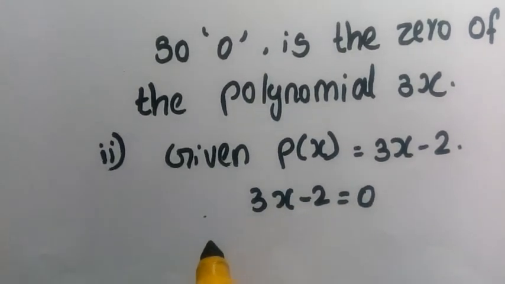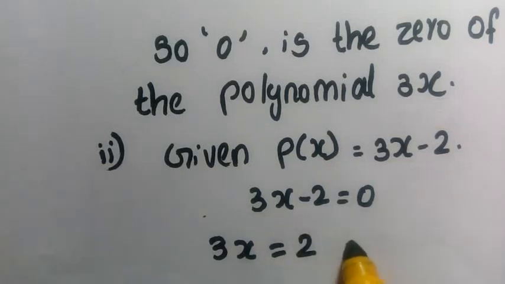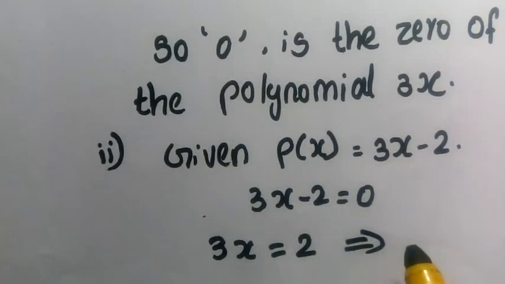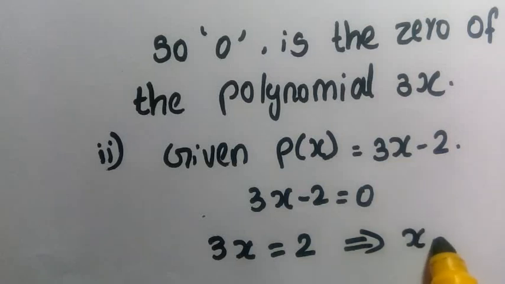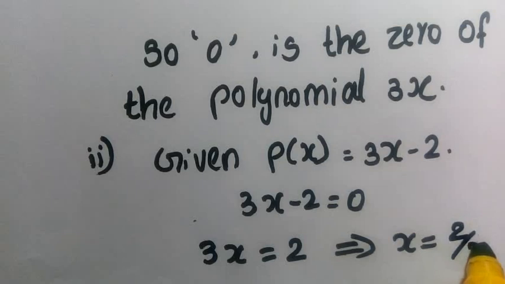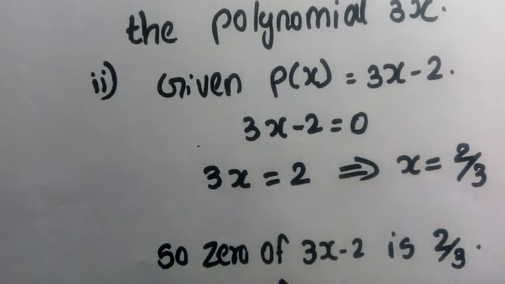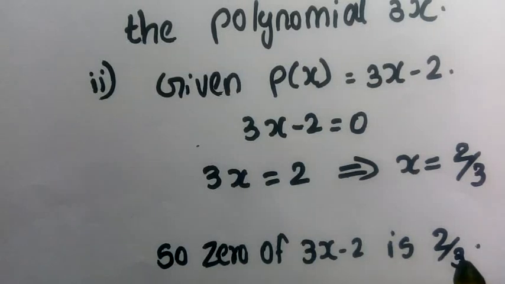So 3x is equal to minus 2 will go to the opposite side. That time it will become plus 2. Which implies x is equal to 2 by 3. So zero of 3x minus 2 is 2 by 3.